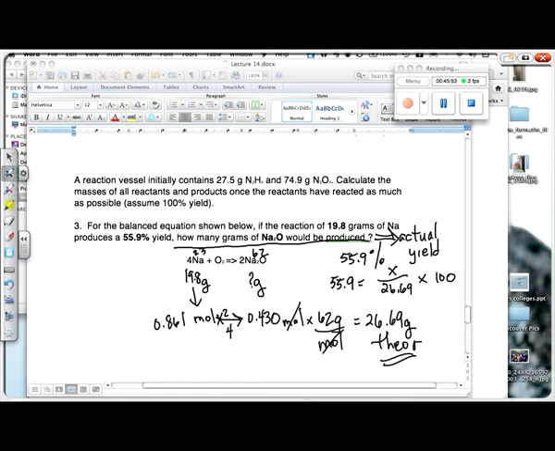I end up with 0.559 equals x over 26.69. Cross multiply and divide. Okay, so times 0.559. 14.92 is my actual yield.